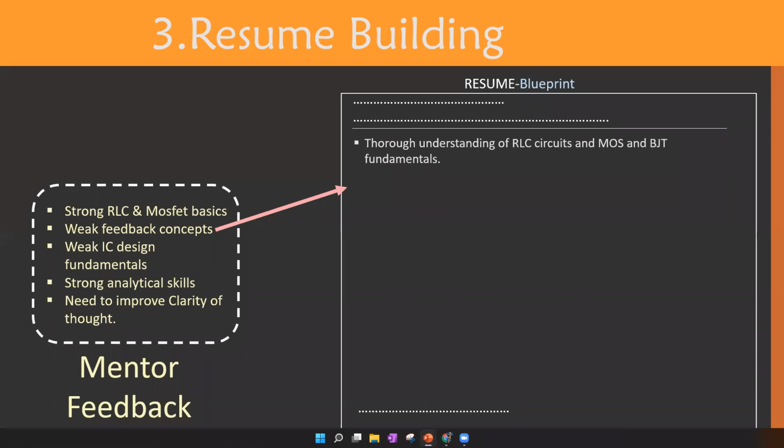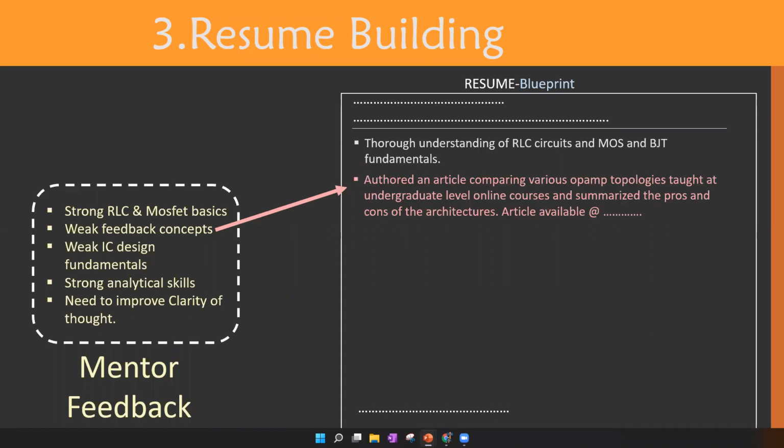So you and your mentor can come up with a goal that says you're going to do this op-amp topology survey, right? So if you have to do that, you're going to watch a lot of online courses. You have to understand that you should be really good in this feedback concept. Otherwise, you cannot actually create a survey like that, right?